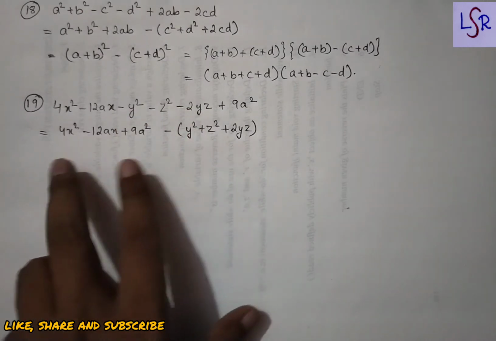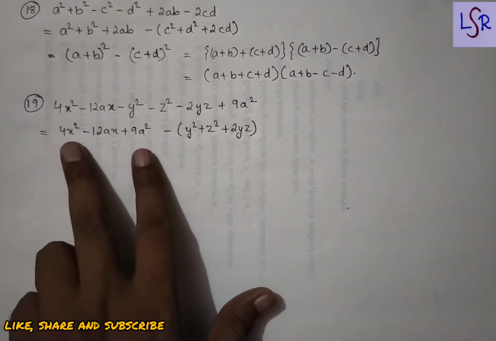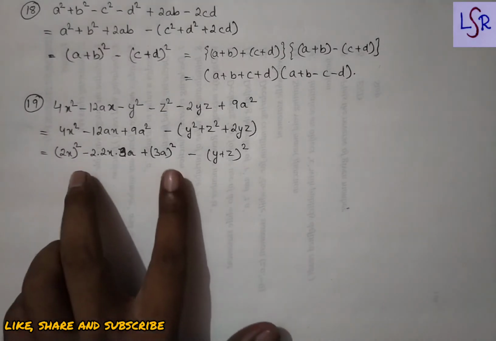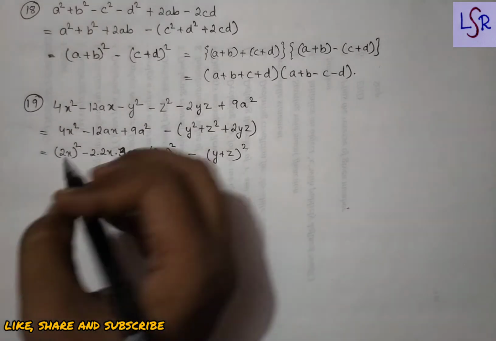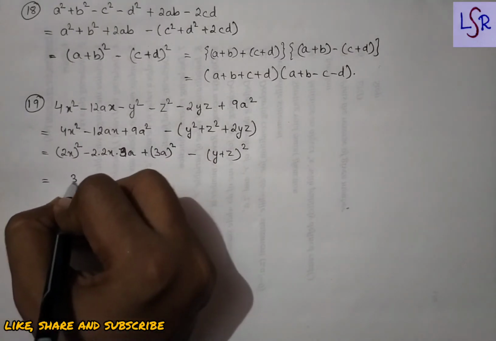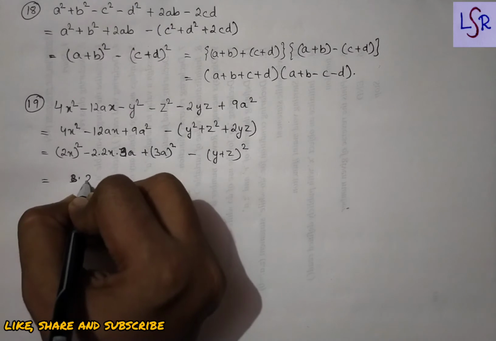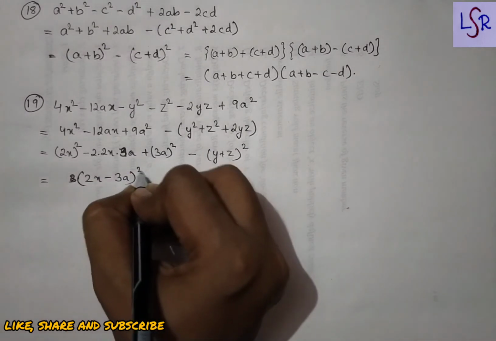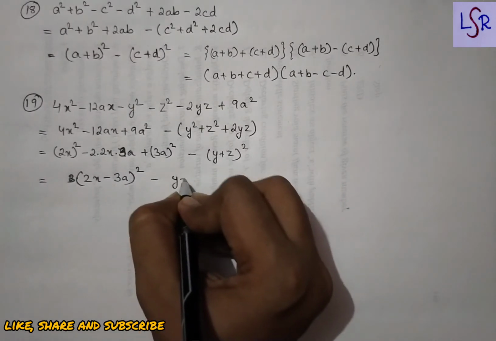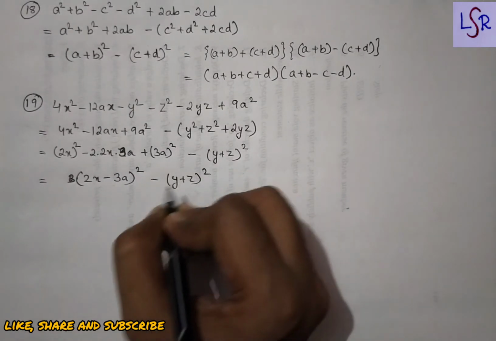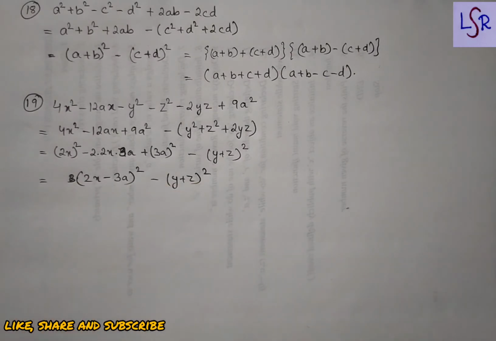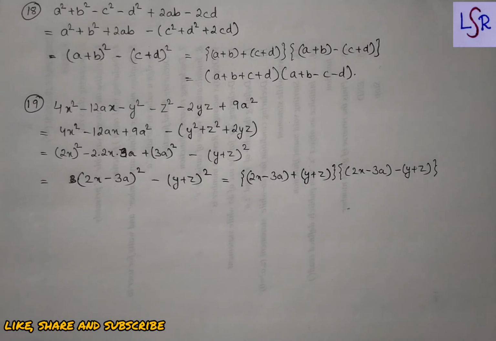Now we can see, I have rewritten this one in the form, and then this is the whole square of 2x minus 3a, and then this is y plus z to the whole square. Now it is in the form of a square minus b square, and we can write in this form. Now we are going to open the bracket, and we get this after expanding it.